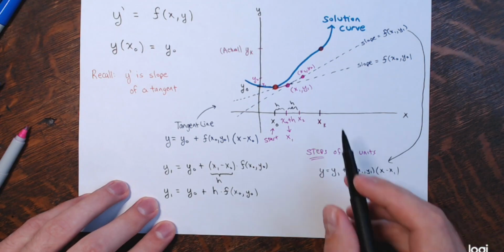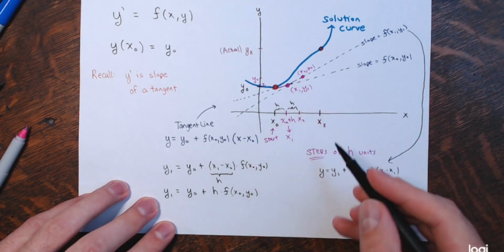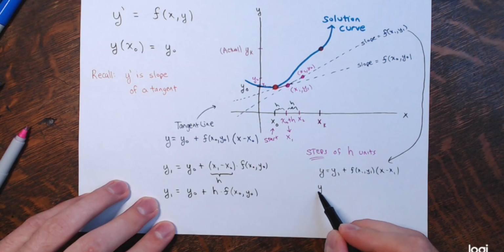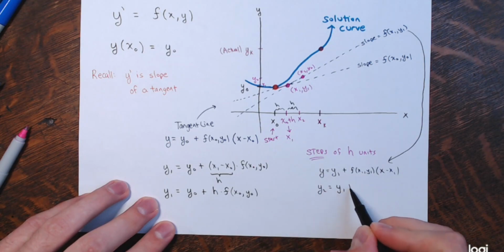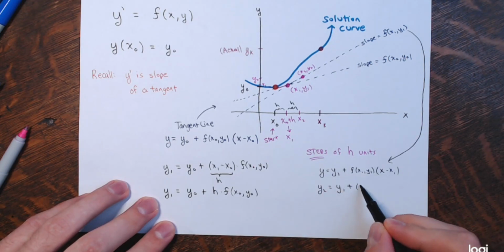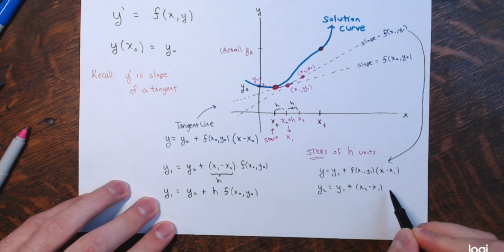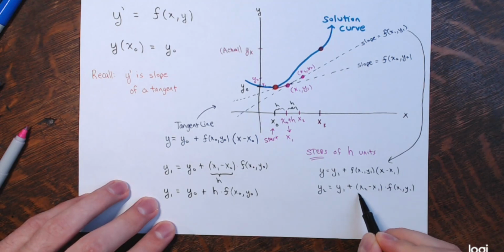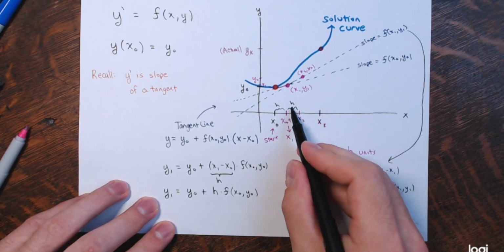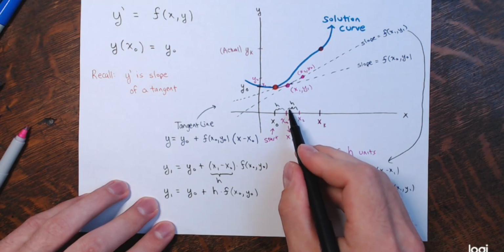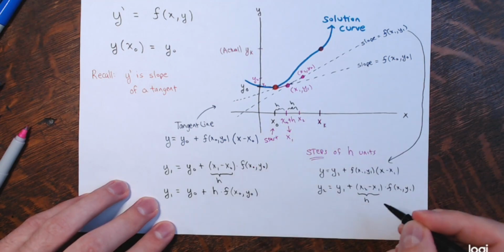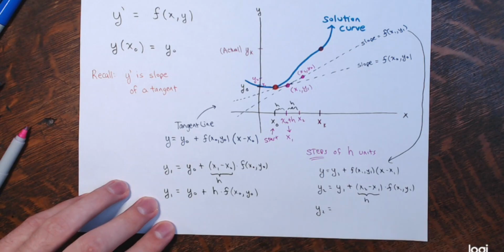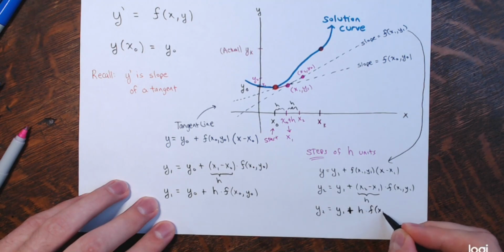If I want to know the value of y2, I just plug things in. y2 equals y1 plus x2 minus x1 times f of x1, y1, the slope. And again, x2 minus x1 is the length of this horizontal step h. So we see that y2 equals y1 plus h times f of x1, y1.